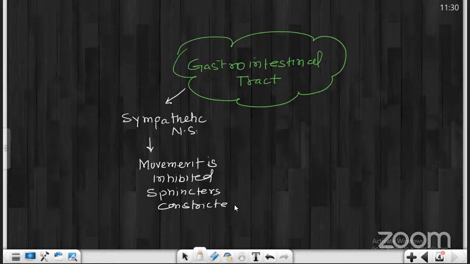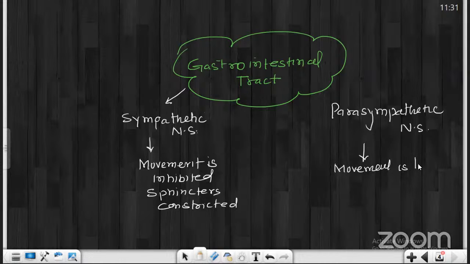That prevents the movement. But just opposing to it, we have the parasympathetic nervous system. They do just the opposite, they increase the movement. They facilitate the movement. So movement is increased.